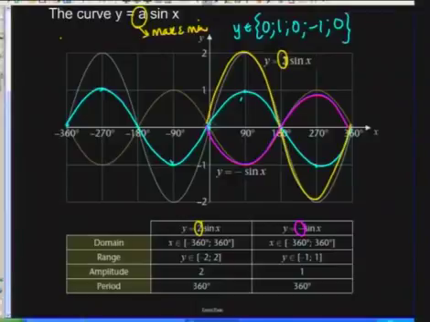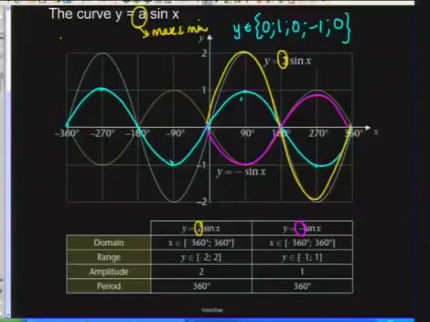So my quadrant angles, 90, 180, 270, 360, have got these critical maximum, minimum, and 0 values. And if I want to then see what is the effect of that coefficient of the ratio, I would multiply each of those y values by the new coefficient a, and I would now be able to get what those new critical values would be.